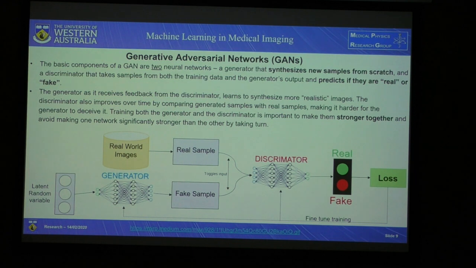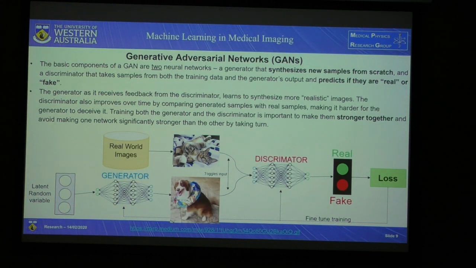So for example, say we're trying to generate completely artificial pictures of my cat. We would first begin by inputting the true ground truth real world images into the discriminator, which we would then label as a real image. We would then have a random input into the generator, and it'll begin by creating basically rough images of what it thinks we want it to create, such as pictures of my dog, which may not look quite like what we want to achieve.